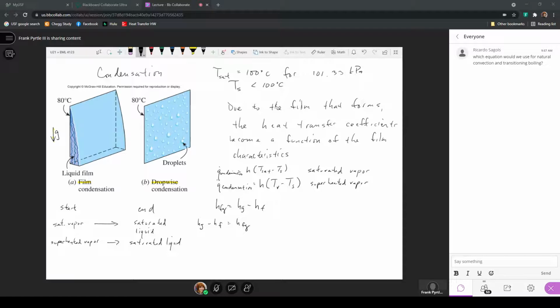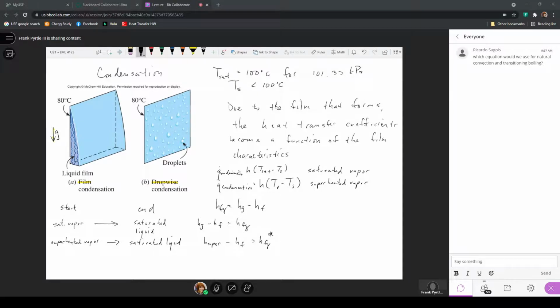Here, I would have to consider, let's say, H superheat minus H of the liquid to give me what we call an HFG star. So here we consider the enthalpy of the superheated vapor minus the enthalpy of the saturated liquid.